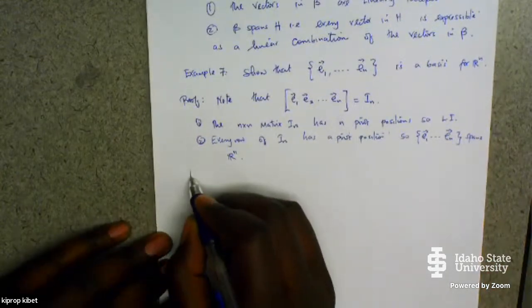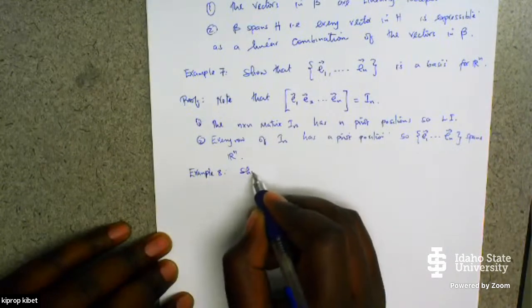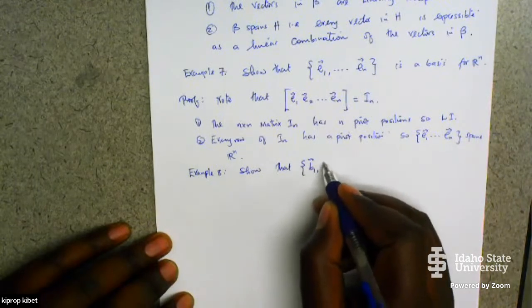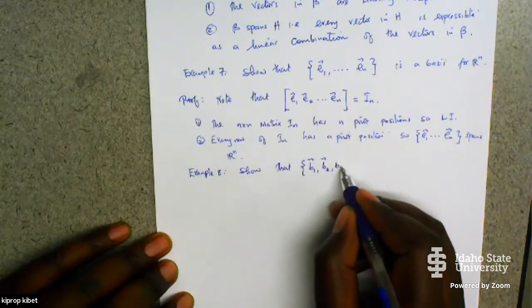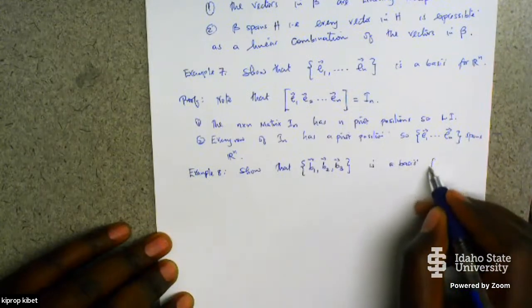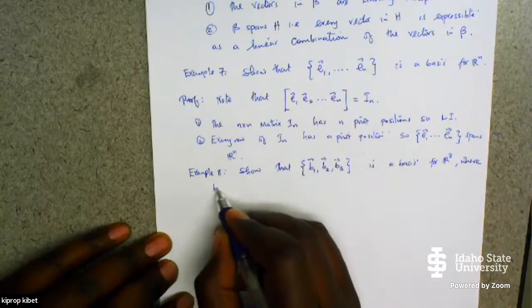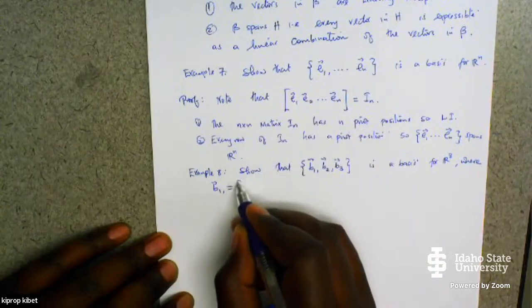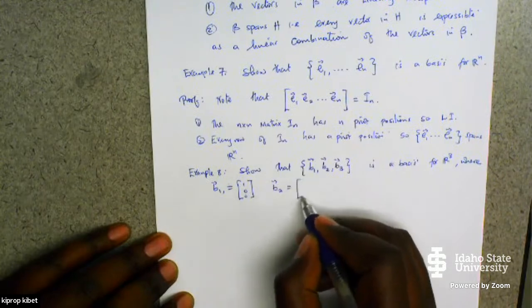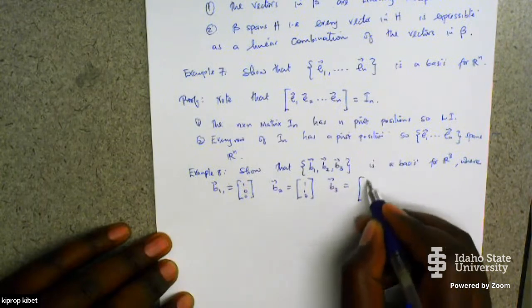Example number 8. Show that b1, b2, and b3 is a basis for R3, where b1 equals 1, 0, 0, b2 equals 1, 1, 0, and then b3 equals 1, 1, 1.